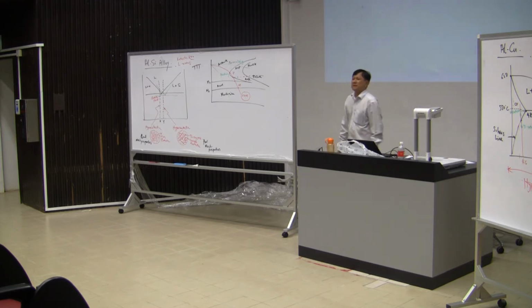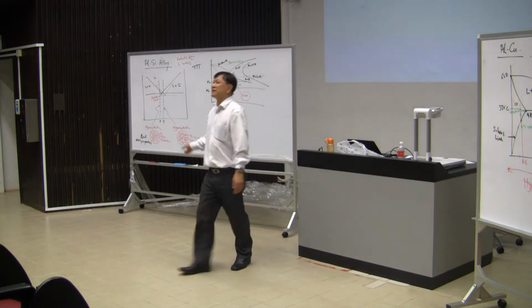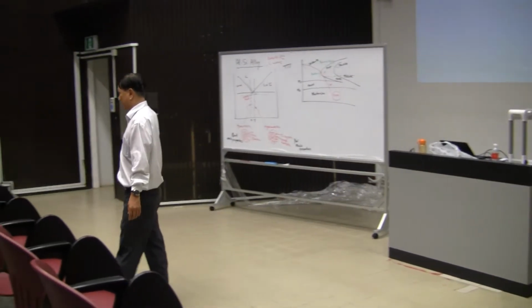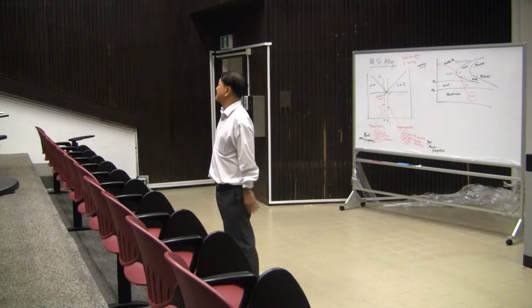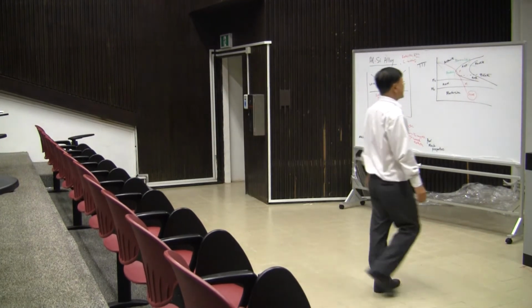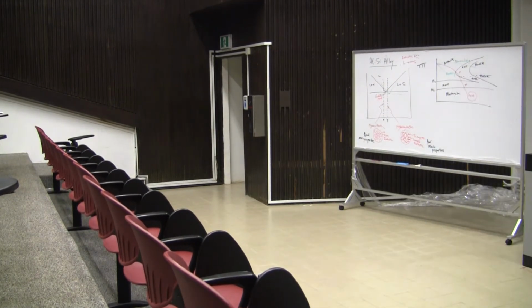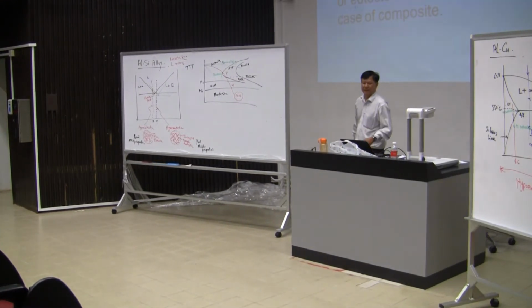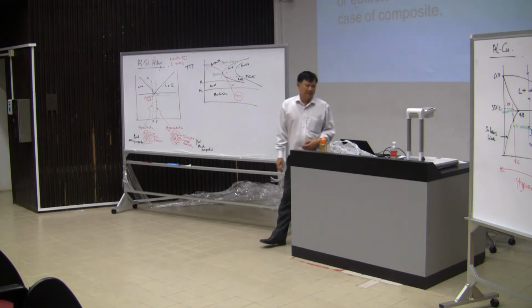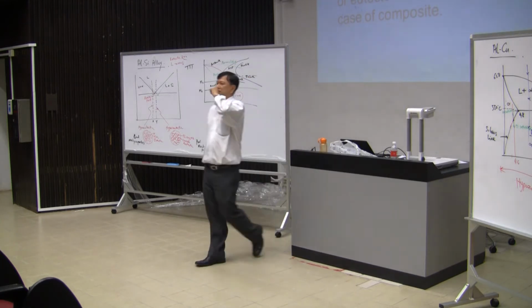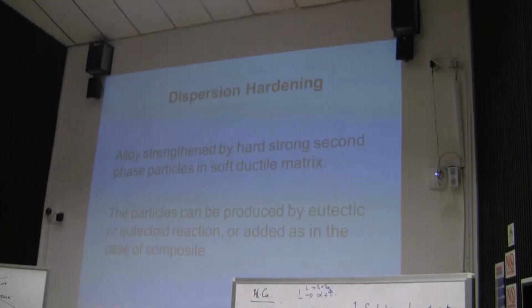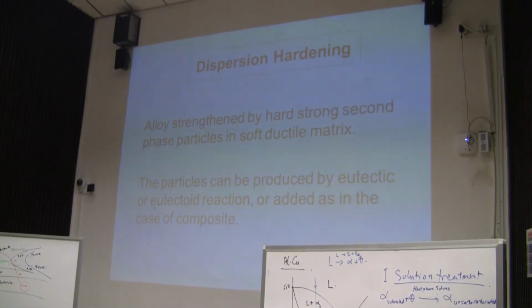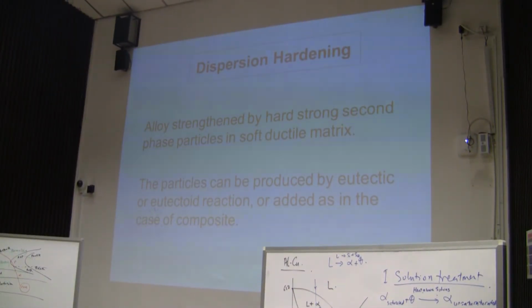I think some of this I'm going to cover here already. I listed here hardening and strengthening. There is a difference, take note of this, between dispersion hardening and precipitation hardening.